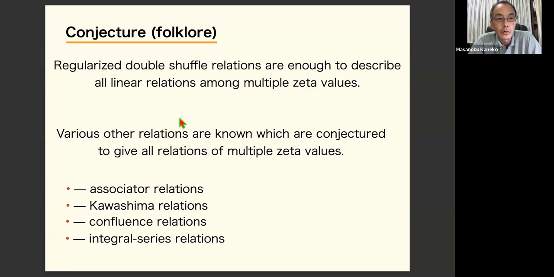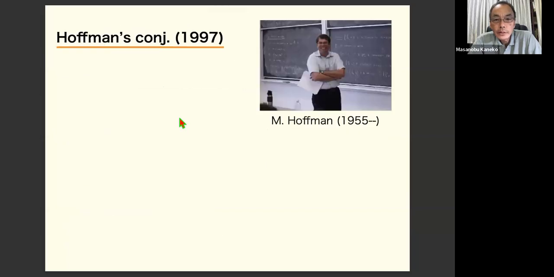It's still, I think, open. There's another interesting conjecture given in the 1990s by Hoffman, who also started looking at MZVs of general depth very early.